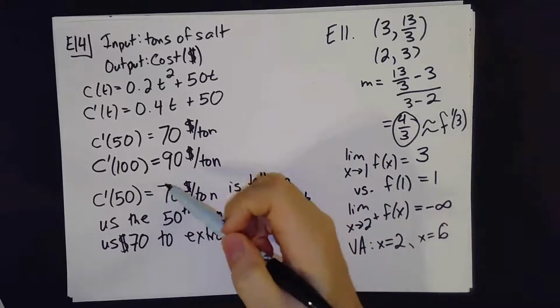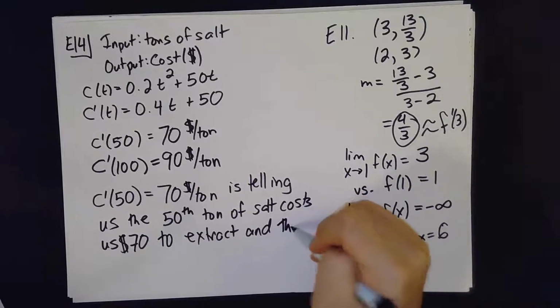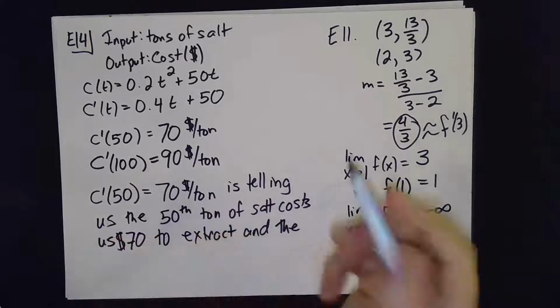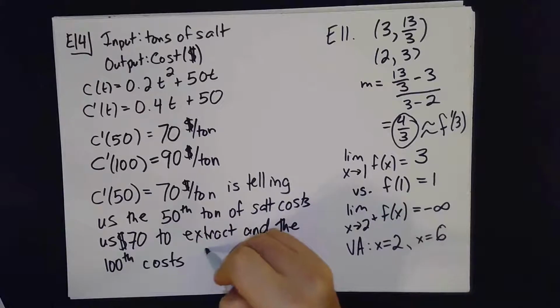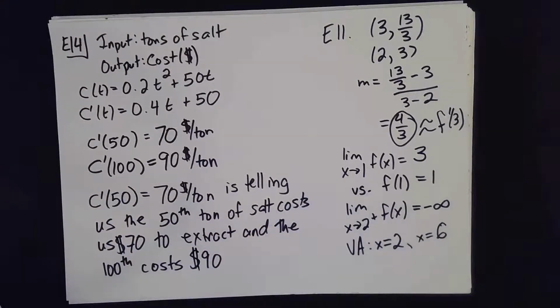And then the other part is telling us the 100th costs $90. So what we're really learning here from a business point of view is that as I extract more salt, extracting more salt is getting more expensive. The hundredth ton of salt that we got cost us more than the 50th.